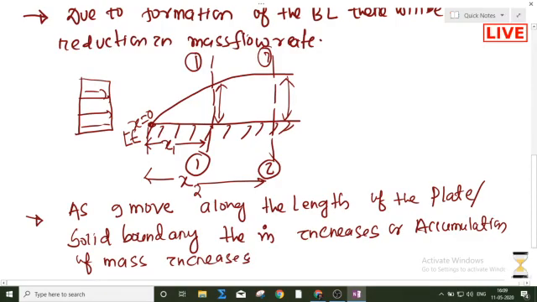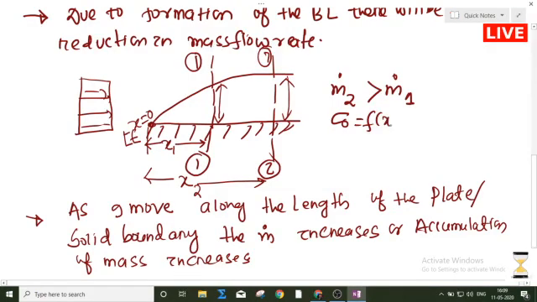So what I can say here is that the rate of mass in section 2 is greater than the rate of mass in section 1. And I know the boundary layer thickness is a function of x. In the last class I talked about this. As x increases, the boundary layer thickness also increases at different sections. As x2 is greater than x1, this is delta 2 and this is delta 1.